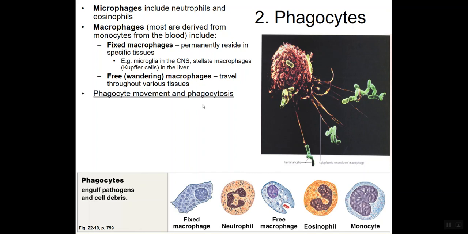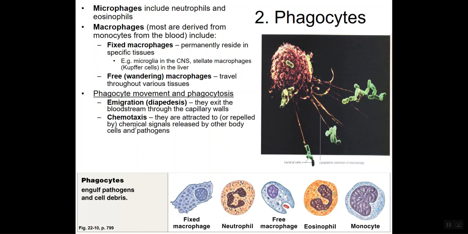All right, some of these terms we've seen before. Emigration means that a white blood cell is leaving its homeland of the blood to go out into the tissues. It's also called diapedesis, a process of walking through the wall of the blood vessel. Phagocytes, especially these free macrophages, are capable of doing that.